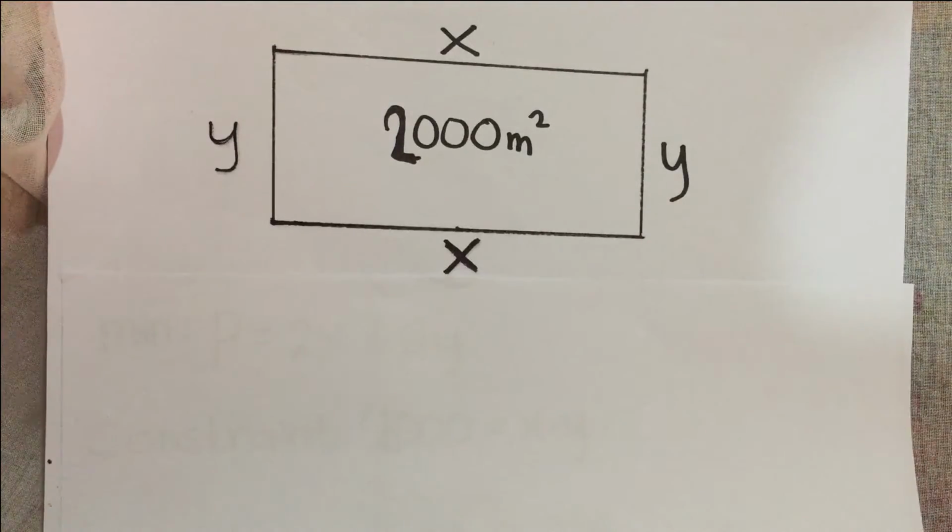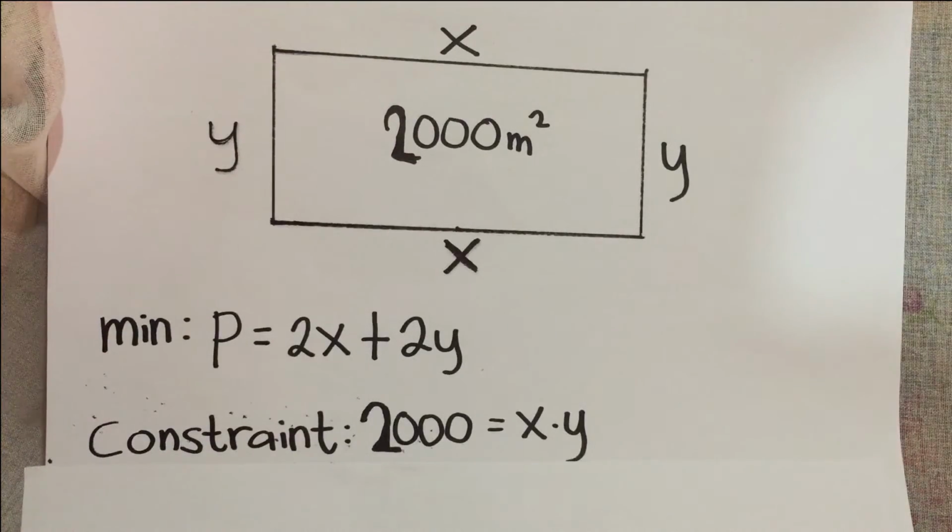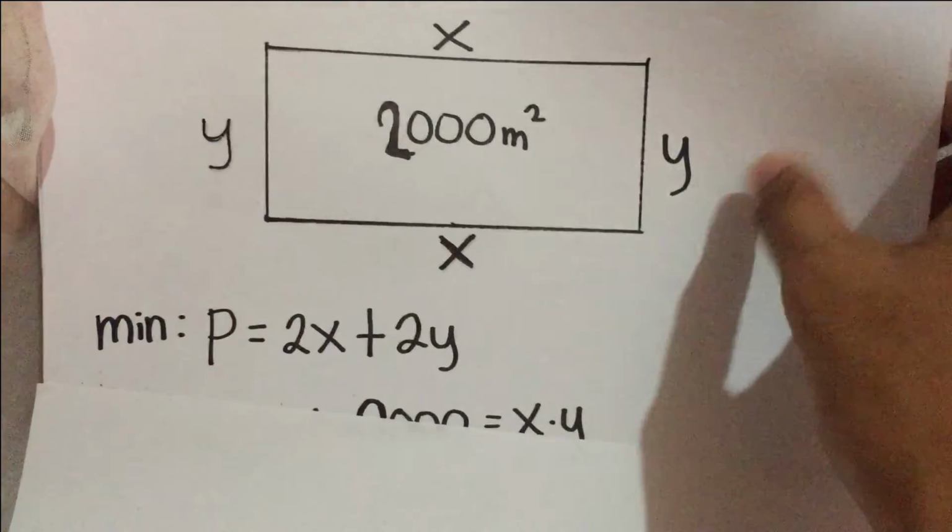As you can see, the x variable represents the length and the y variable represents the width. So here is the equation P equals 2x plus 2y. First step, we must find the constraint. So we get 2000 equals x times y, because 2000 is the area.